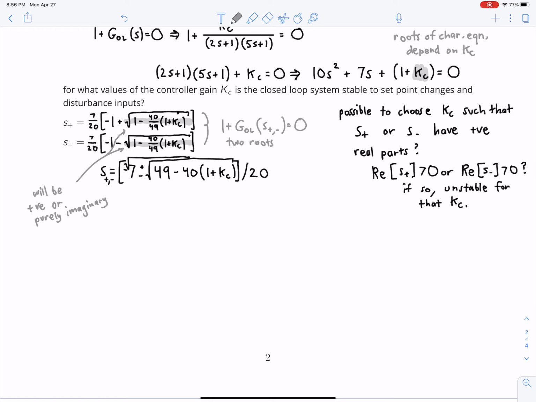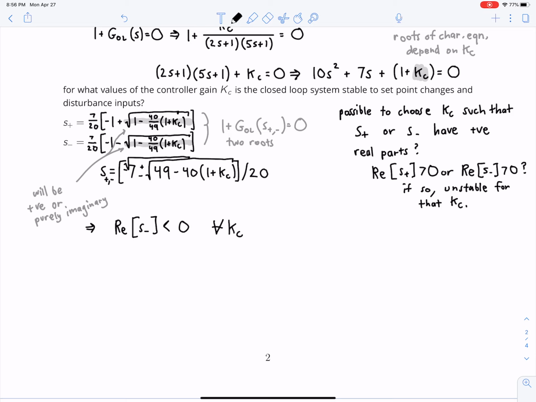Because of that, for s minus, you have a minus 1, and you're subtracting a number that's either positive or purely imaginary. So its real part is always going to be less than 0, no matter what we choose Kc to be. Not s1, s minus. Less than 0 for every Kc. So it doesn't matter what Kc is, s minus is always going to have a negative real part. So that's good from a stability standpoint.